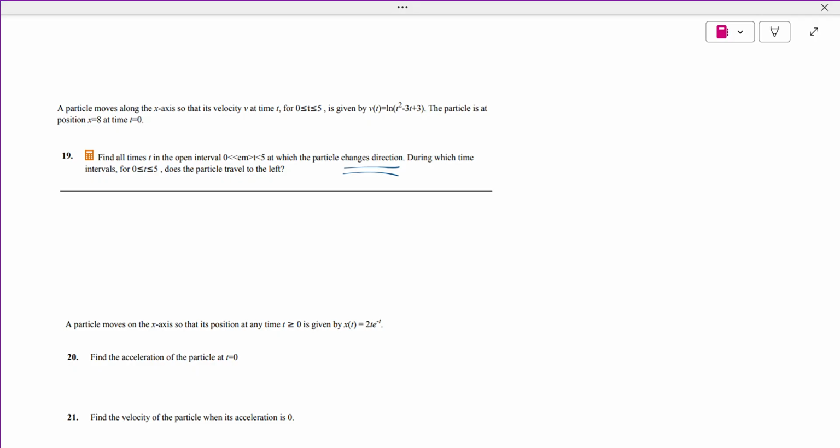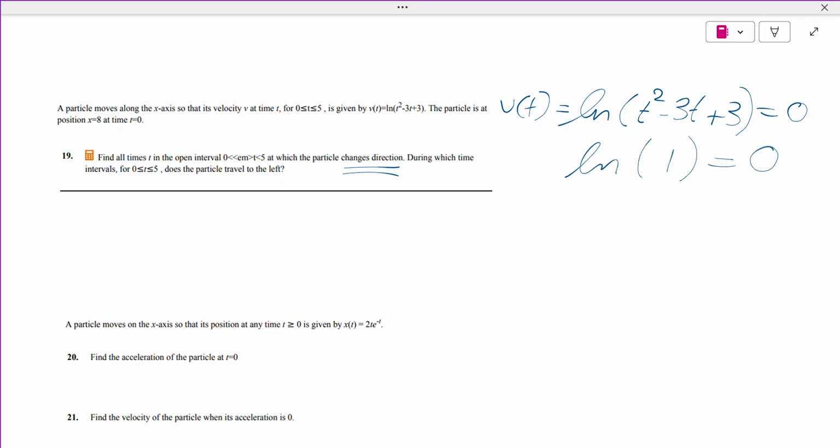Well, in this question, we need to find where is the particle at rest first by setting what? V of t, which is ln of t squared minus 3t plus 3, equals 0. Okay, we know that ln of 1 equals 0. This is a fact, right? That means this expression over here should equal 1.